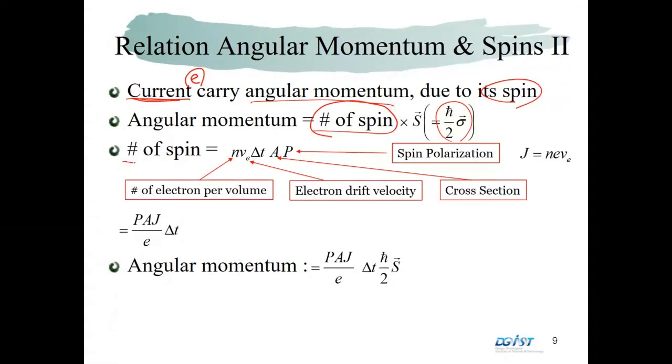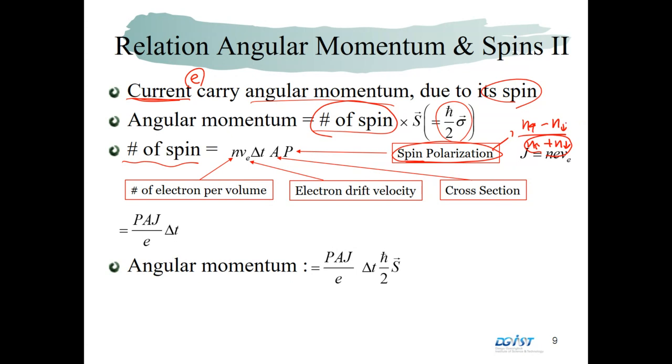And what's the number of spins in a current? Okay, to make the problem simple, we introduce spin polarization. The spin polarization means the number of up spins minus the number of down spins, divided by the total electrons. So this is the total electrons.